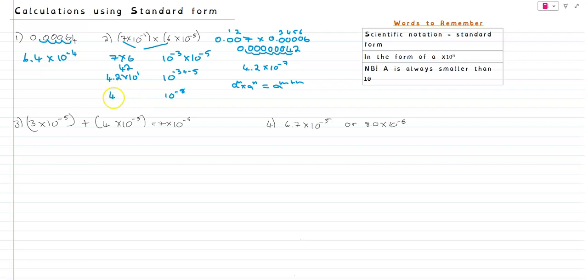So we have 4.2 times 10 to the power of negative 7. We do these two together. So 1 minus 8 gives you negative 7. So that is where our answer comes from. And you can see that this answer matches this answer, and we are well on our way.